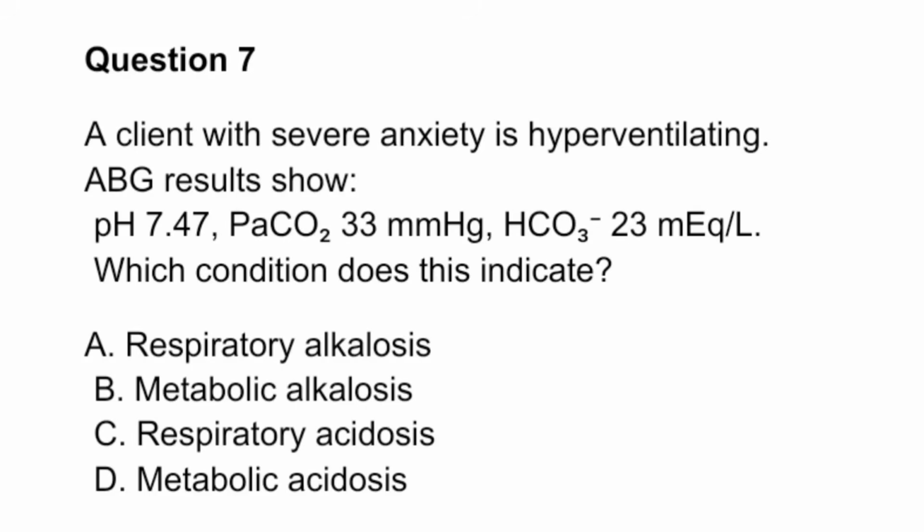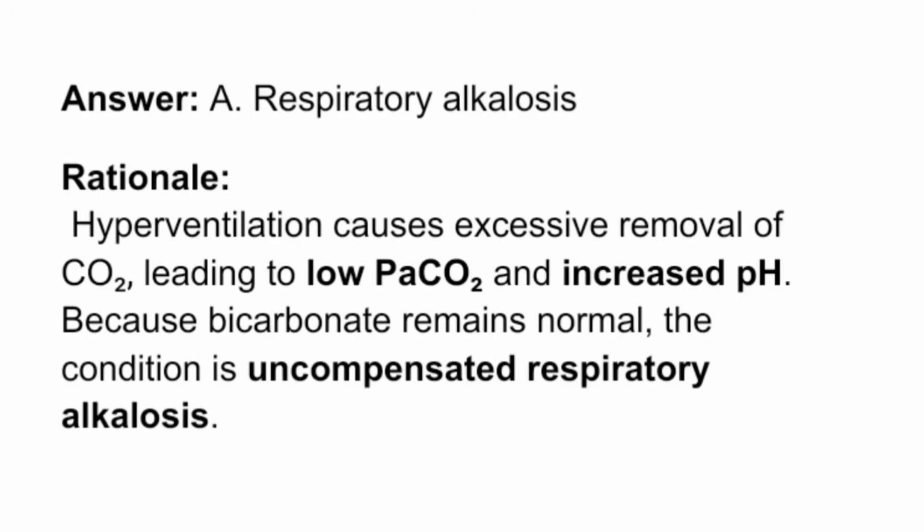C. Respiratory acidosis. D. Metabolic acidosis. Answer: A. Respiratory alkalosis. Rationale: hyperventilation causes excessive removal of CO2, leading to low PaCO2 and increased pH. Because bicarbonate remains normal, the condition is uncompensated respiratory alkalosis.